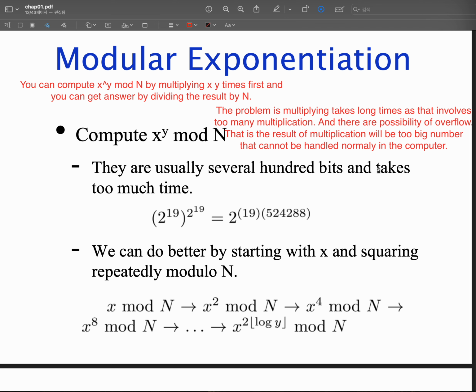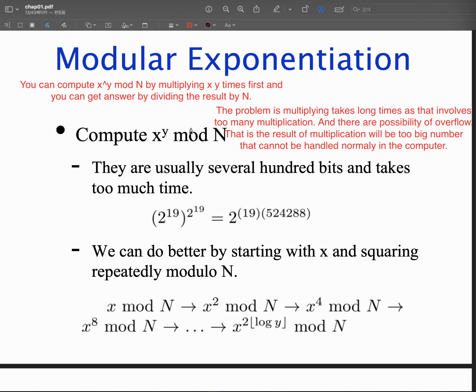So like this, first, intuitively, to obtain this value, you just multiply x several times, n times. Okay, and once you have the result of the multiplication, you then divide this number by n, and finally you can compute x times y mod n. Okay, but in this case there's a problem.